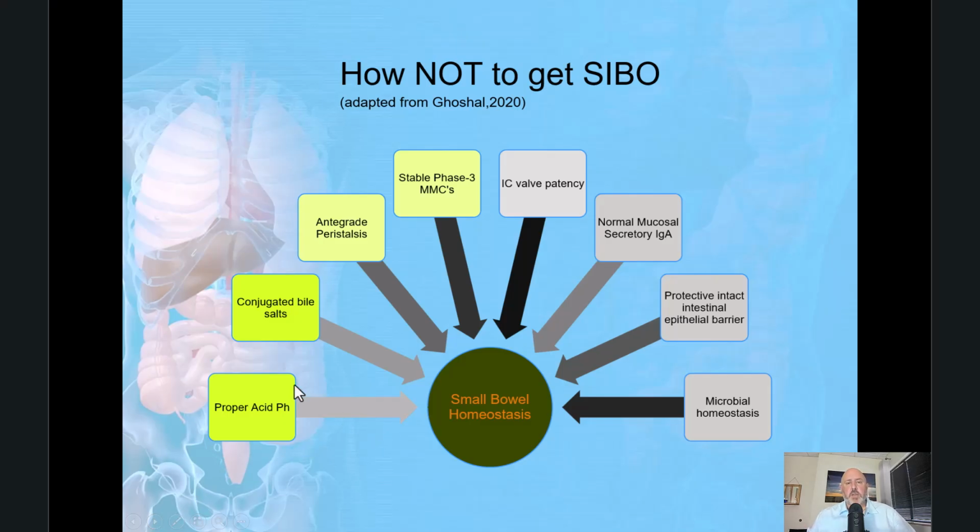To understand SIBO is also best learned through the lens of how not to get SIBO. So there are many things that the body naturally has to prevent that overgrowth from taking place in the small intestine. And it is important to note that people with IBD generally have many risk factors for SIBO because the prevention parameters are not as equipped.